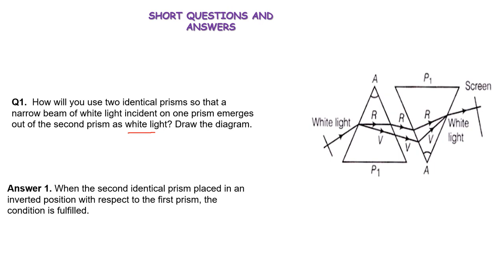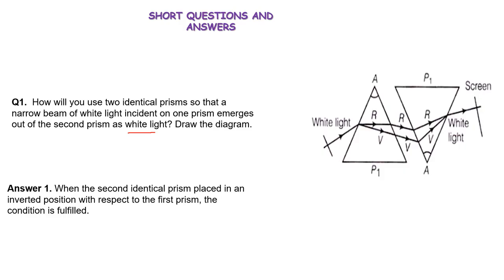Then he put one more prism, but this time in an inverted manner. He kept one more prism inversely, and he observed that these light rays again recombined and emerged out from the other surface of the prism as white light.